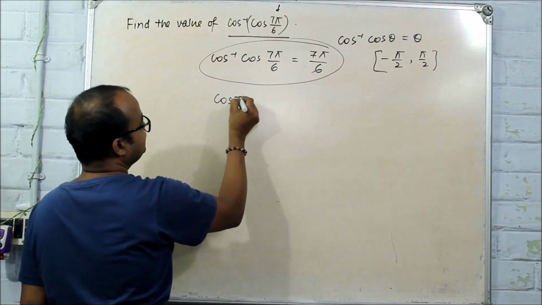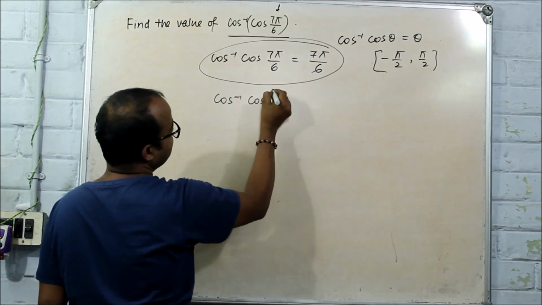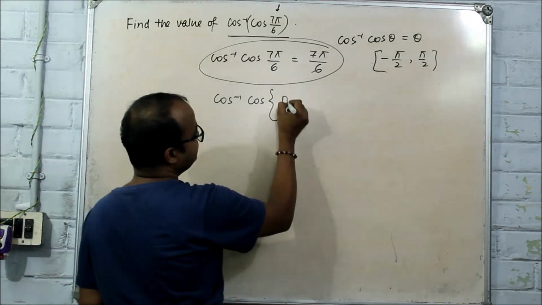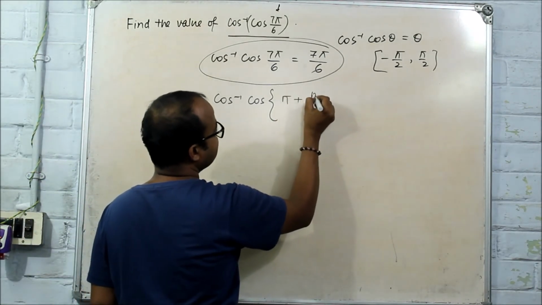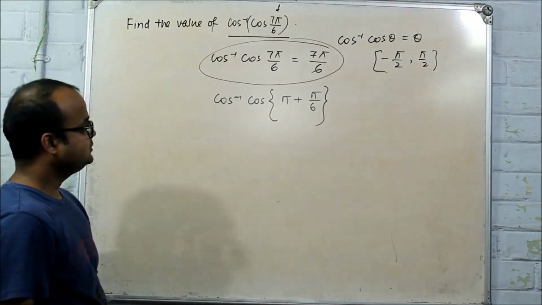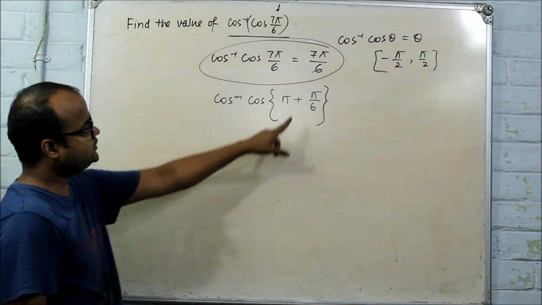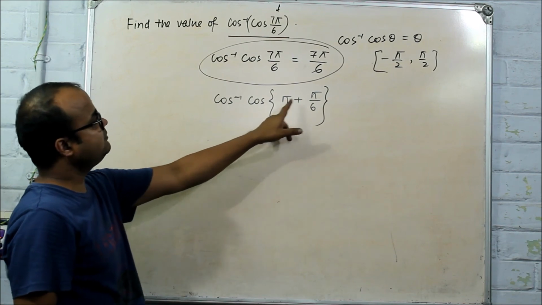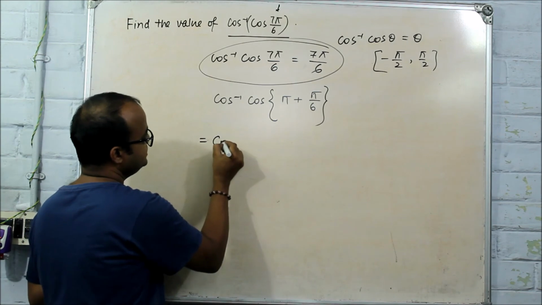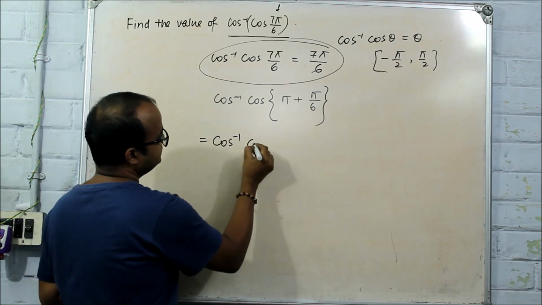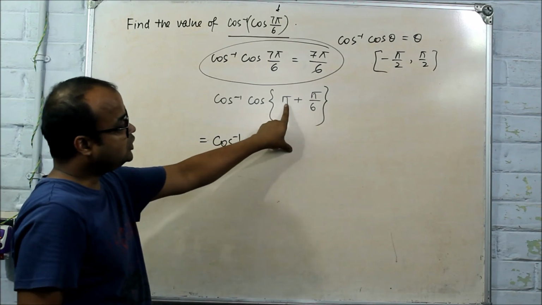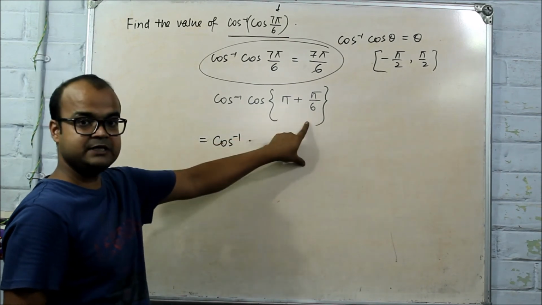So that means you need to simplify this one. Cos inverse cos 7 pi by 6, we can write it as pi plus pi by 6. Clear? Pi plus pi by 6 is 7 pi by 6. It implies cos inverse of cos of 180 plus pi by 6.